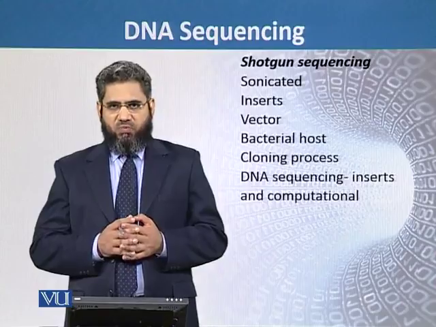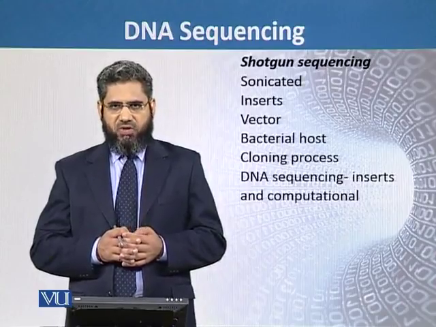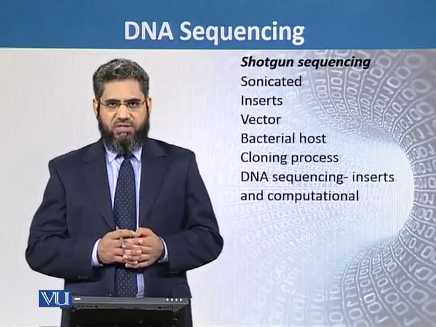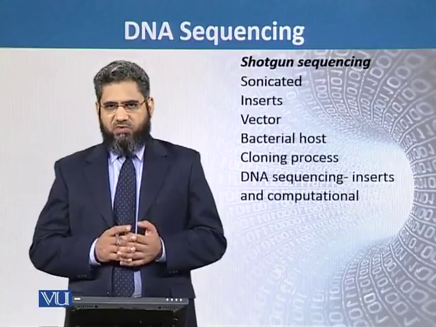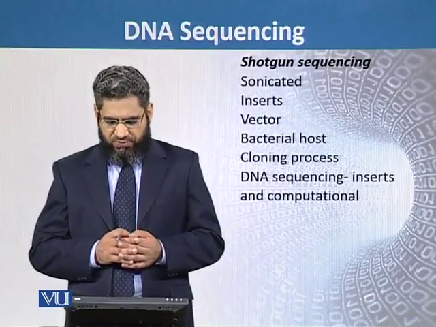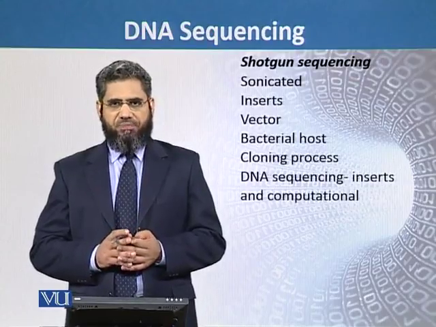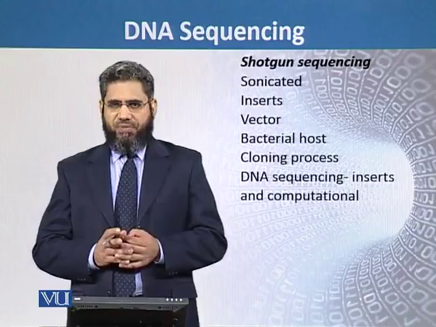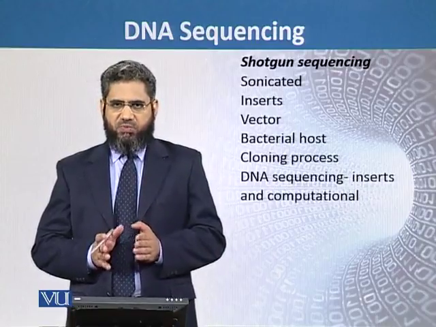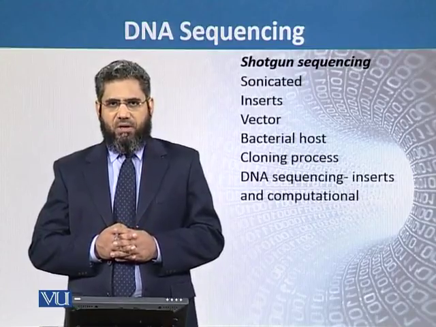amplified through a process of PCR, and after amplification, they are ligated with vectors, and these vectors are then transformed into a suitable bacterial host. The bacterial hosts are grown having these transformed plasmids, and in the plasmid there is a small fragment of DNA that is to be sequenced.